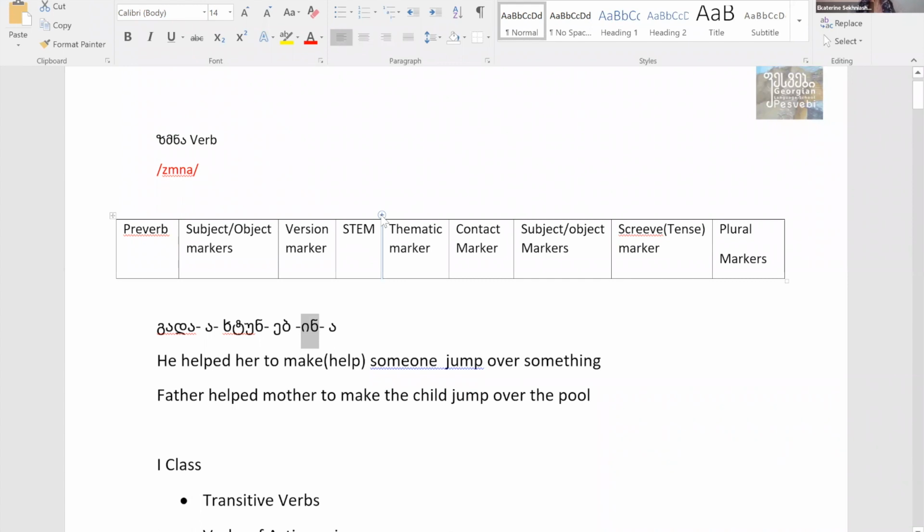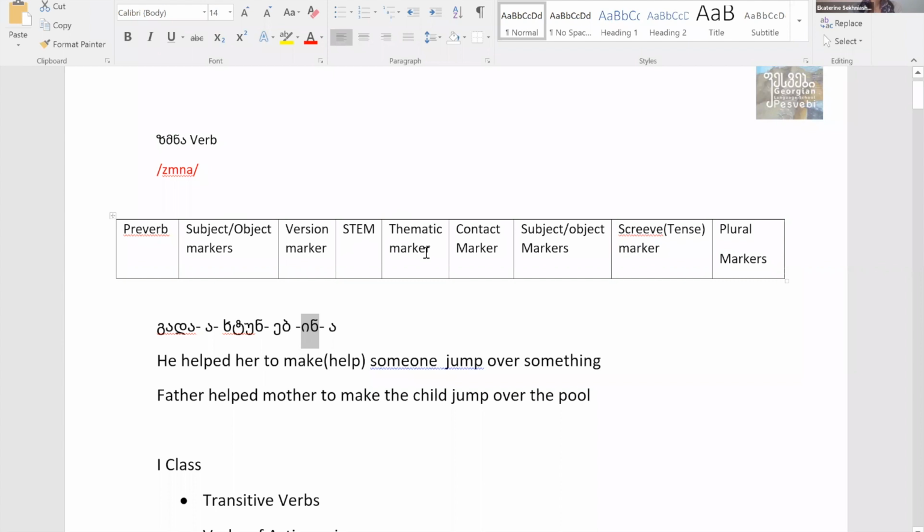Of course, not all categories can be present in all verbs. Sometimes the verbs don't have preverbs. Some subject-object markers are just zero, absent. There are some persons, for example, the second person doesn't have any subject marker, yeah. Sometimes the version marker is missing. Stem is always present, of course. Sometimes we can't see a thematic marker.